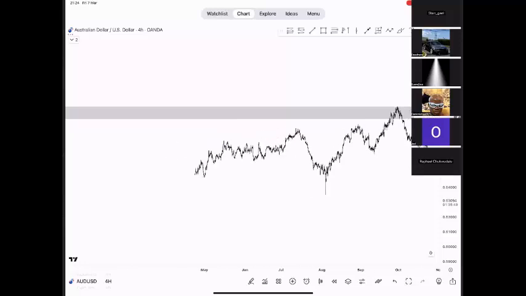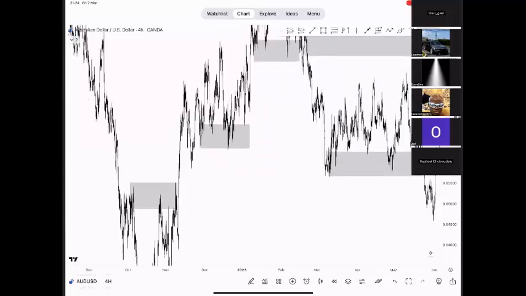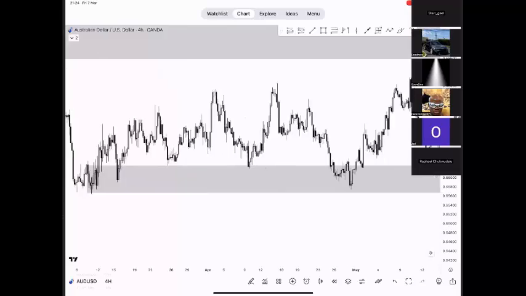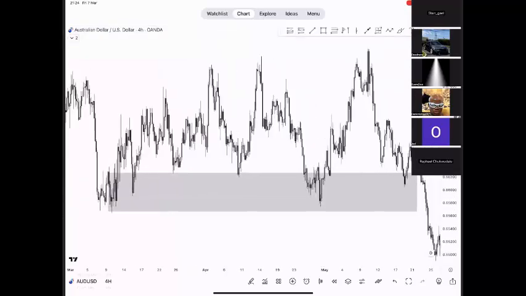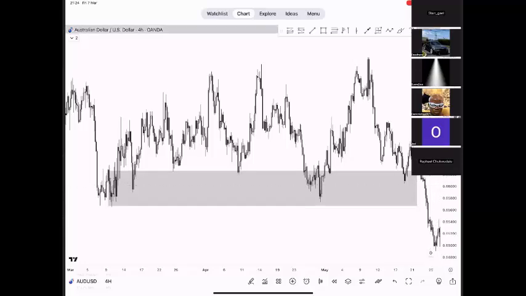Let's look at what we have here. This is a support zone on the 4-hour time frame of AUD/USD. Now, if you look at this zone, what is happening here? We had this move here that created this high. And then it came back down again, feeling sad, feeling unhappy, devastated, and all of that.